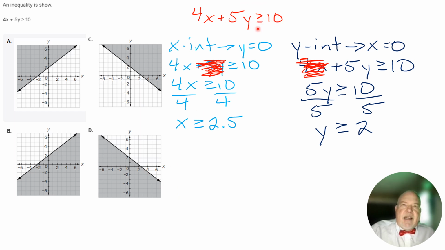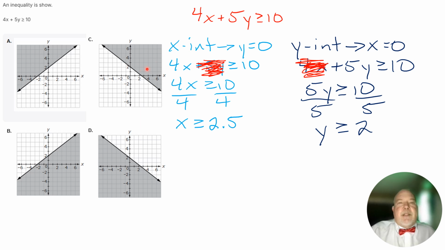If there was not an or equal to line under this, so if it was just greater than or less than, then you would use a dashed line. So just be aware of that. In this case, they're all solid lines, so we don't have to worry about that. But you might have a question where one of them is solid and one of them is dashed. So again, if it's got the line underneath it, meaning or equal to, then it is a solid line. If it doesn't, it's a dashed line.